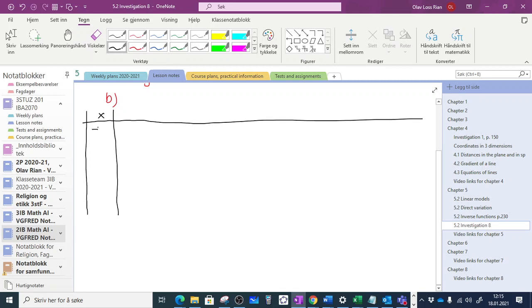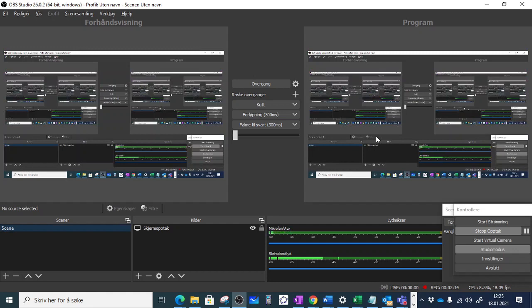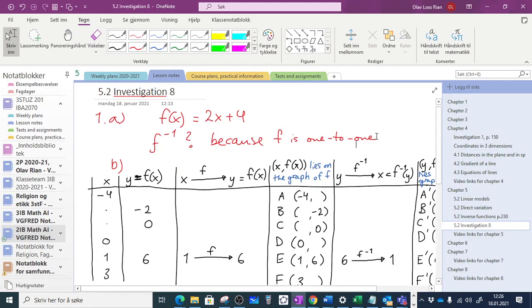And the first one we can put in, skip a row, skip another row, and then 0, 1, and 3. I'll just pause this and fill out the rest of the pre-entered information. Right, okay. I'll continue a little bit. So we've started to fill out this table then.